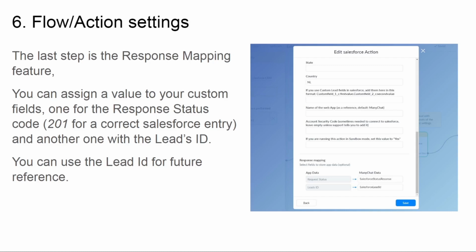Now, we earlier spoke about the additional custom field, like for example, a ManyChat user ID. You might want to save that into Salesforce as well. And there's an extra field for that, which will have a specific format.